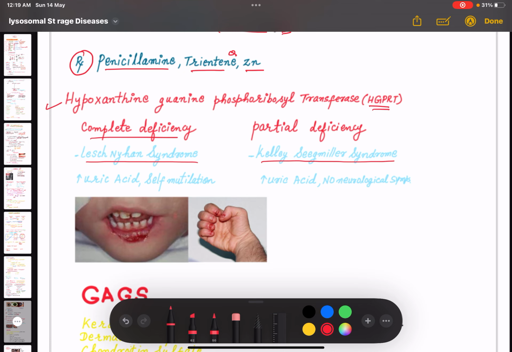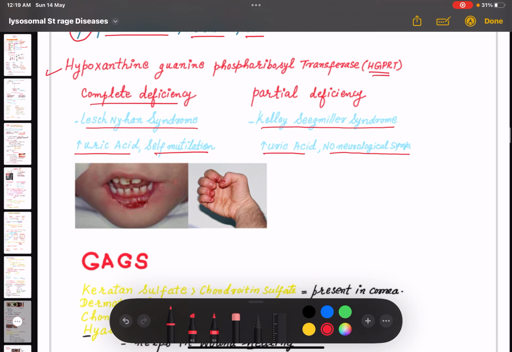In Lesch-Nyhan syndrome, the patient will have hyperuricemia, that is gout, and self-mutilation behavior. And in partial deficiency, you will have hyperuricemia, that is gout, but the patient will not have neurological symptoms like self-mutilation behavior.